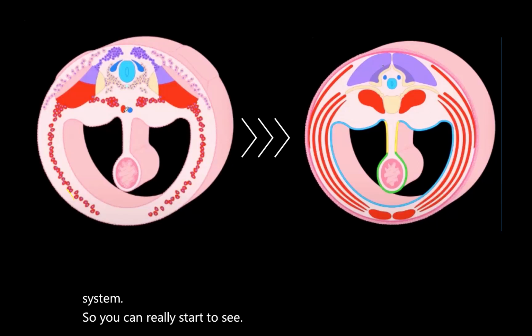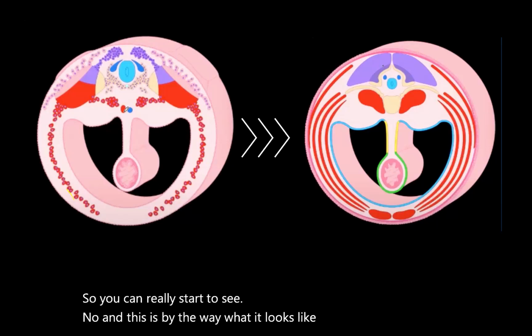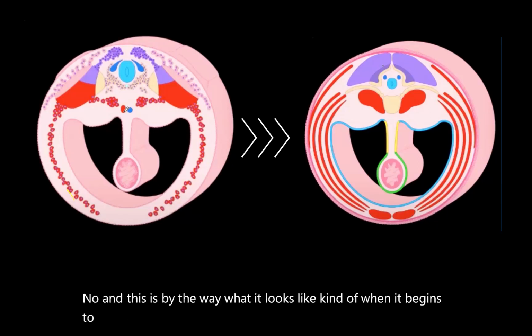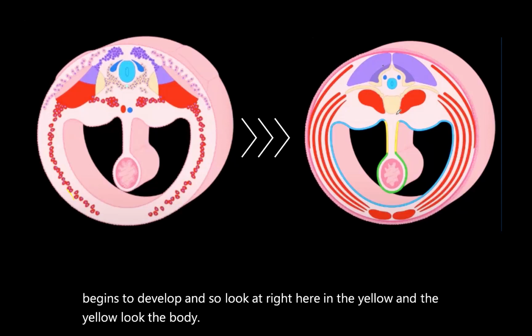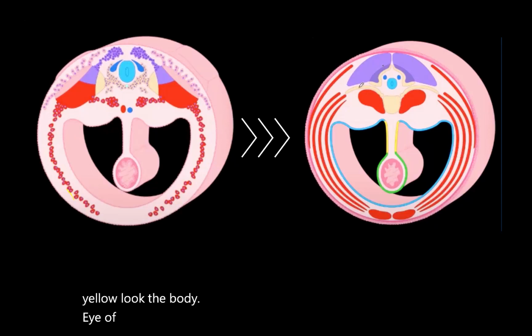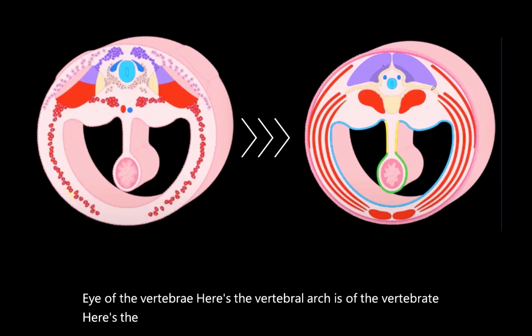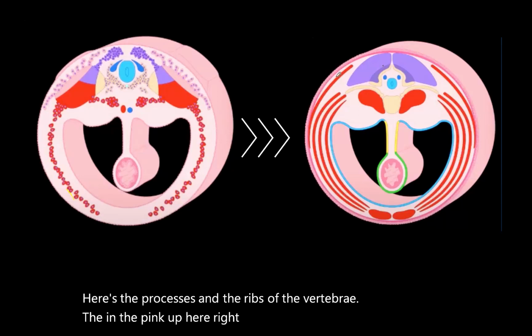And this is, by the way, what it looks like when it begins to develop. Look right here in the yellow: here's the body of the vertebrae, here's the vertebral arches, here's the processes and the ribs of the vertebrae. In the pink up here, there's the skin beginning to develop.